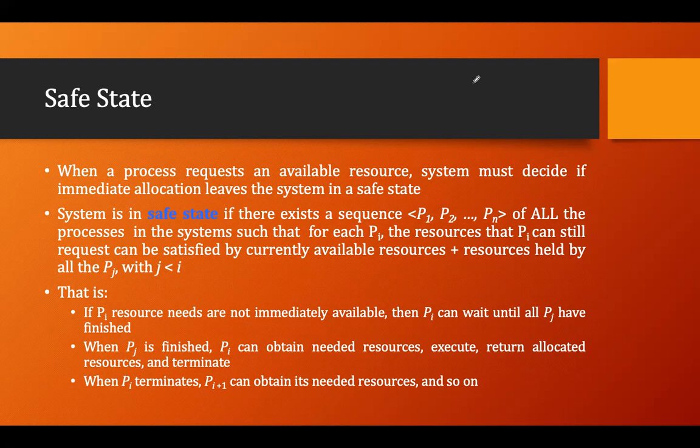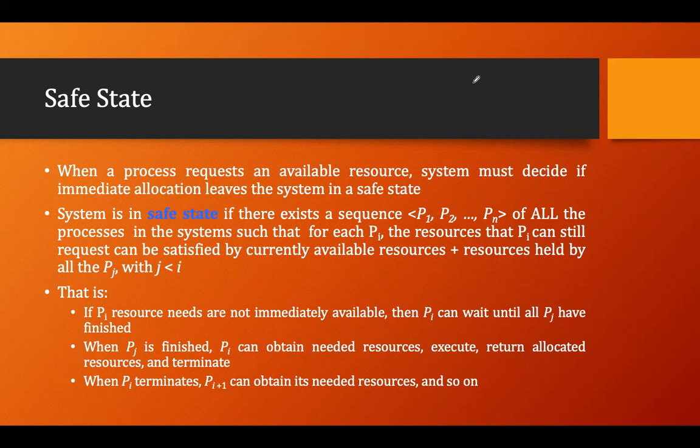So when a process requests an available resource, the system must decide if immediate allocation leaves the system in a safe state. Means let's say a process is requesting a resource and the resource is available with us.